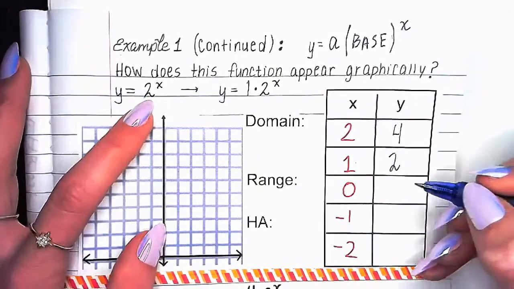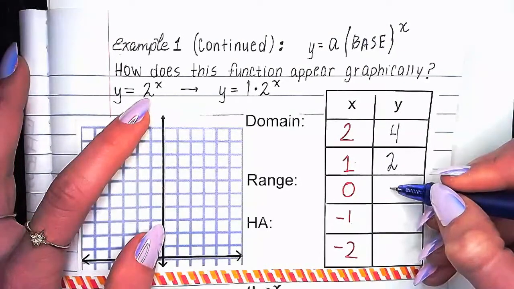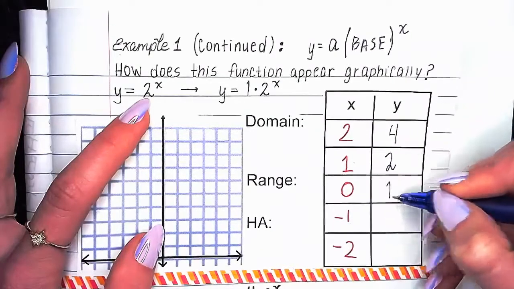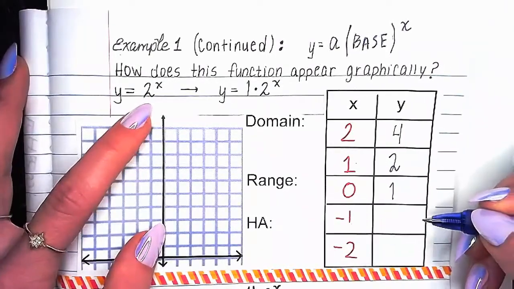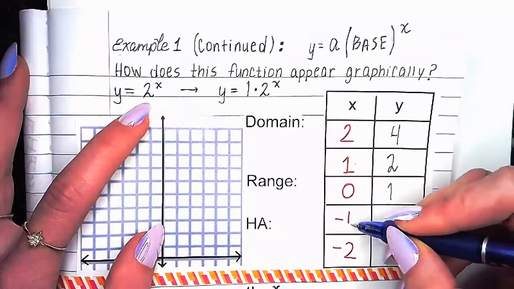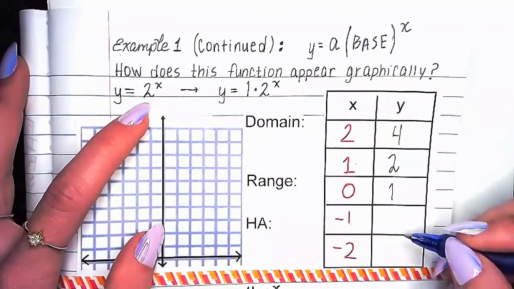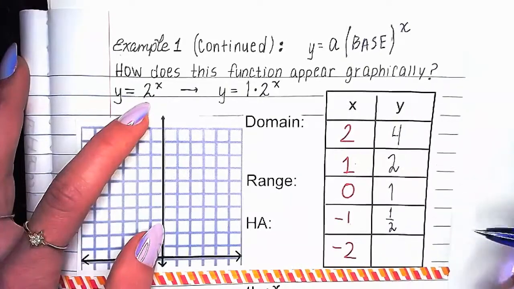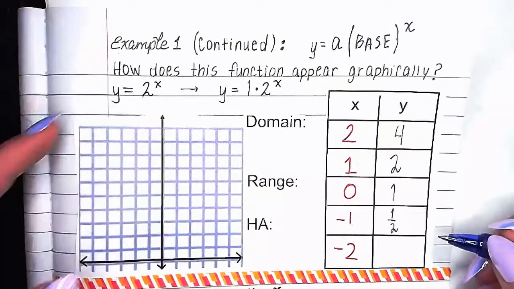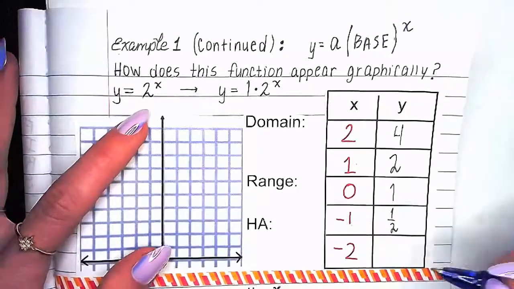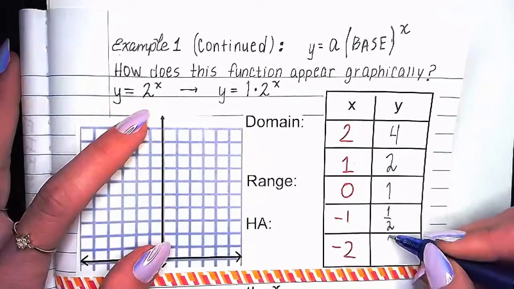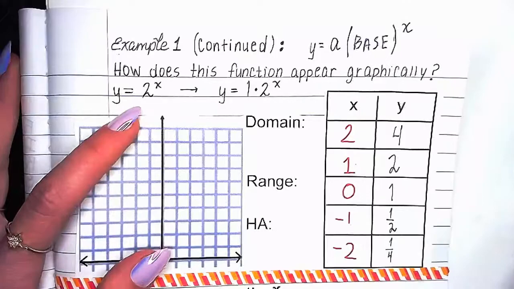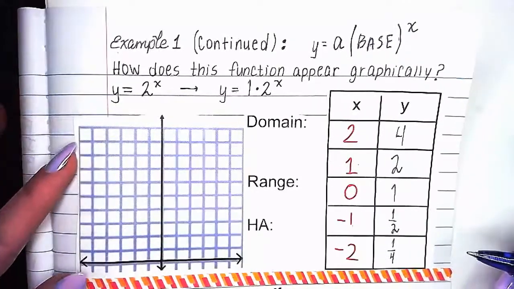What is 2 to the 0 power? 1. Hope you didn't forget. What is 2 to the negative first power? 1/2. I hope you didn't forget. What is 2 to the negative second power? 1/4. I hope you didn't forget that one either.